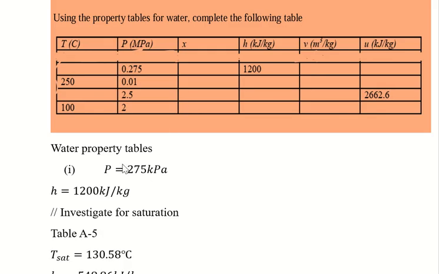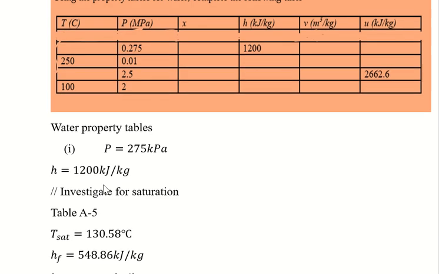And they give us the specific enthalpy value, which is 1,200 kilojoules per kilogram. So what do we do first? We have pressure and enthalpy, just that. So what do we do? Immediately we investigate for saturation.